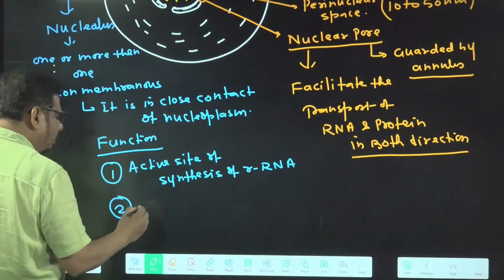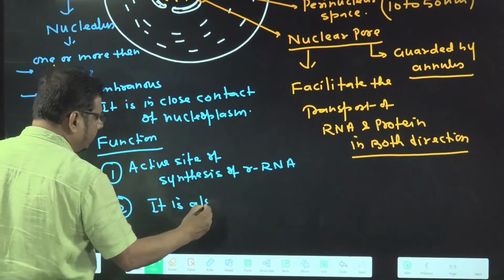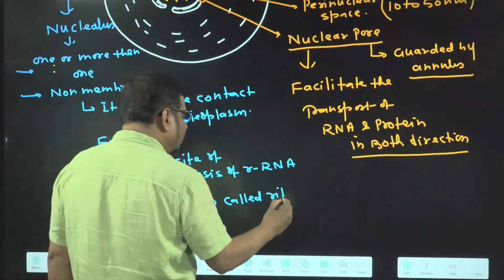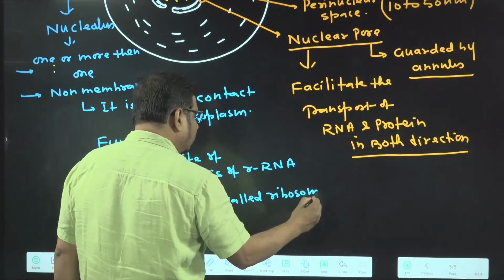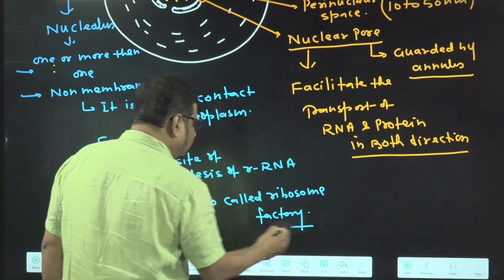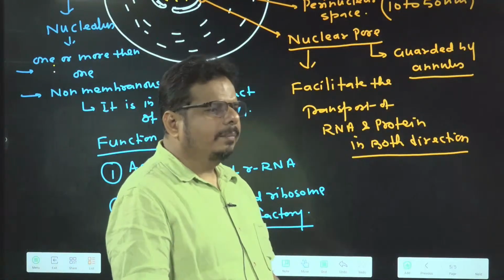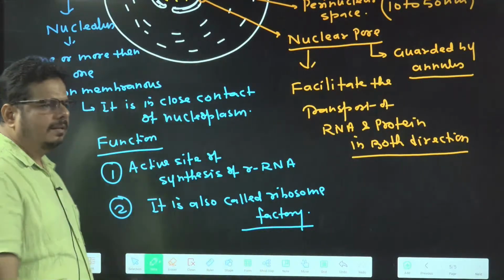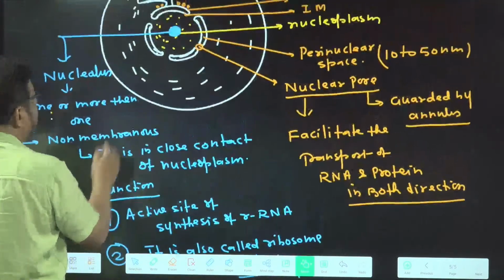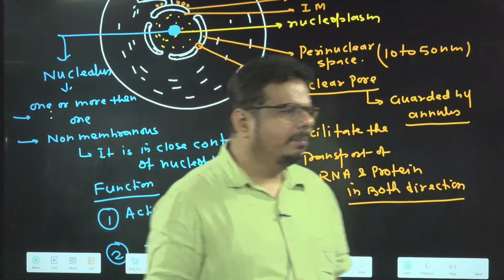And function number two, it is also called the ribosome factory. Ribosome factory means ribosome formation occurs here. When rRNA and protein assemble together, ribosome formation occurs. So these are the two important functions served by the nucleolus. So these are the dense material present in the nucleoplasm.